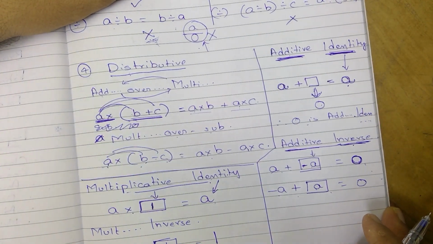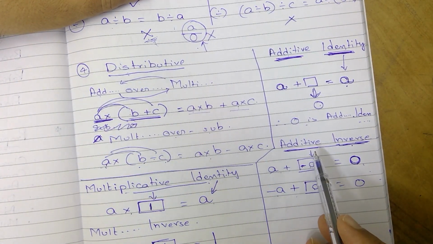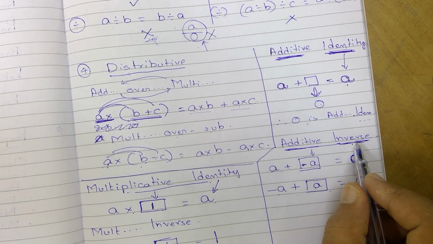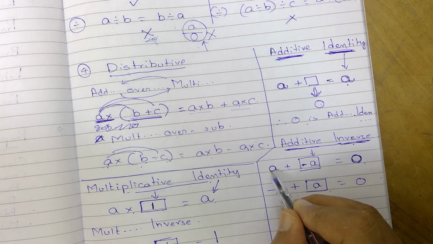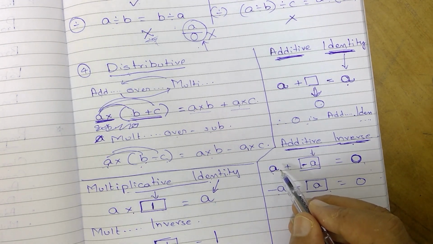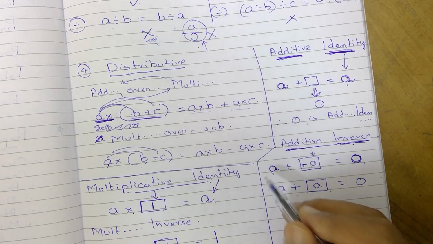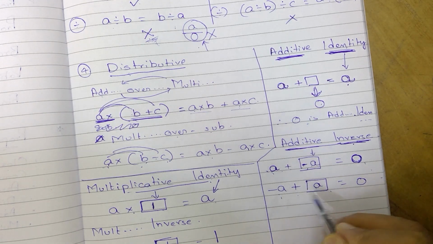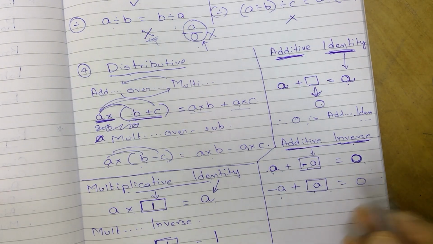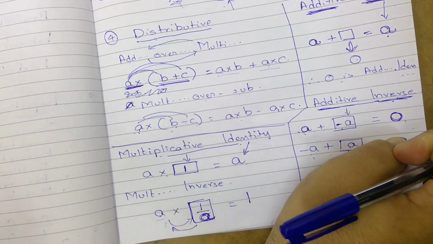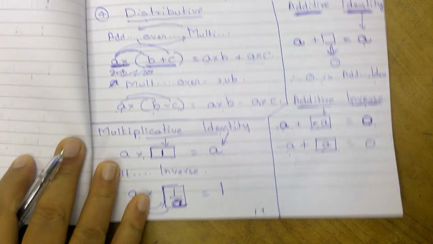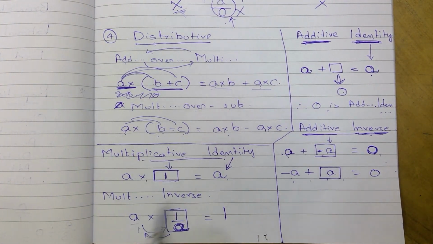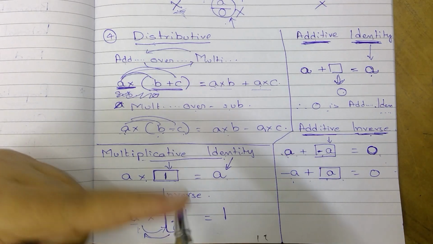Now let us come to additive inverse. See the name, remember the name and the concept related to the name. Inverse means what? When I am talking about addition, the inverse will be with opposite sign. If it is positive, negative will be the inverse, and if it is negative, positive will be the inverse. And in the same way, when we come to multiplicative inverse, for a, the multiplicative inverse will be the reciprocal of that number.